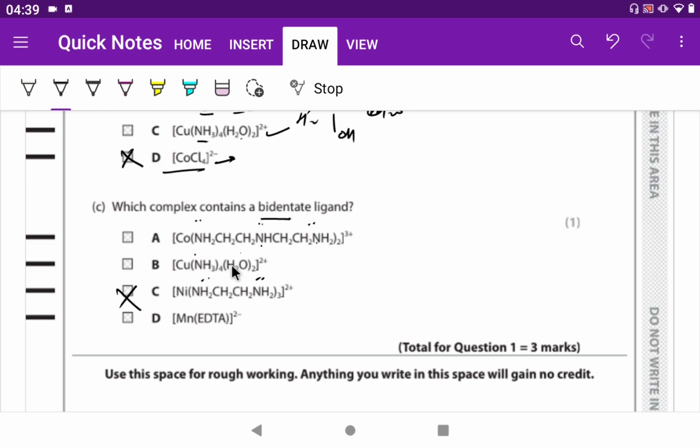Ammonia and water both are monodentate, so it's monodentate. Here it is one nitrogen and here it is one nitrogen, so two nitrogens, so it's bidentate, and D is hexadentate, so the correct answer is C.